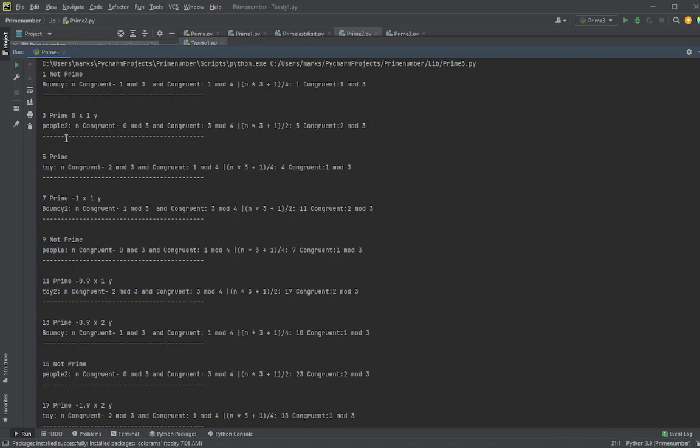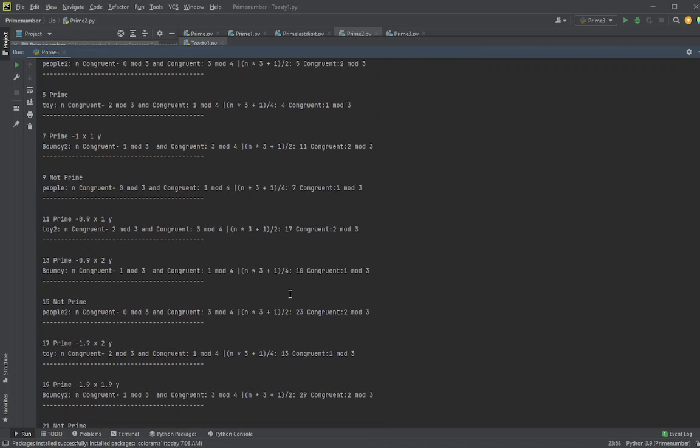And for the words that have 2 in it, like people 2, bouncy 2, toy 2, it's just n times 3 plus 1 divided by 2, and it'll be an odd number every time.